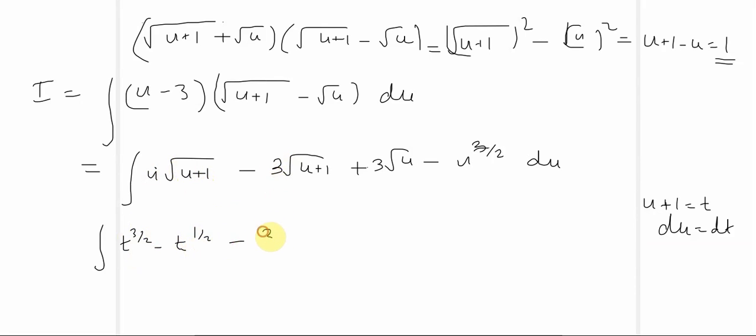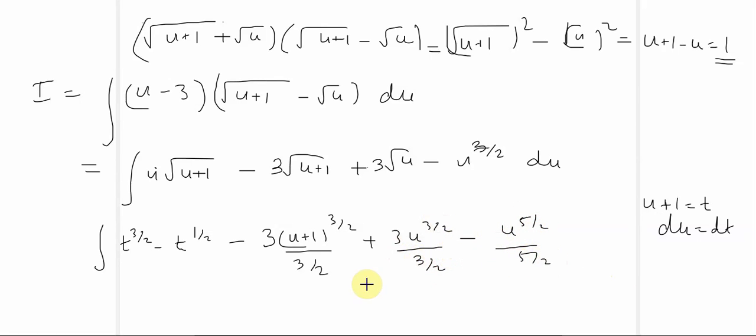And then here we have 3 u plus 1 power 3 by 2, by 3 by 2. In the last term, this becomes u power 5 by 2 by 5 by 2.